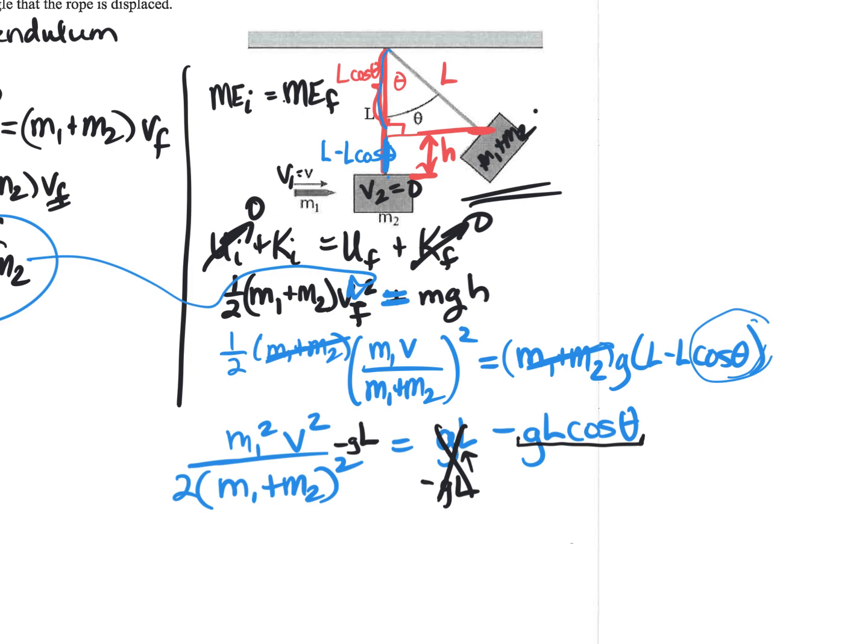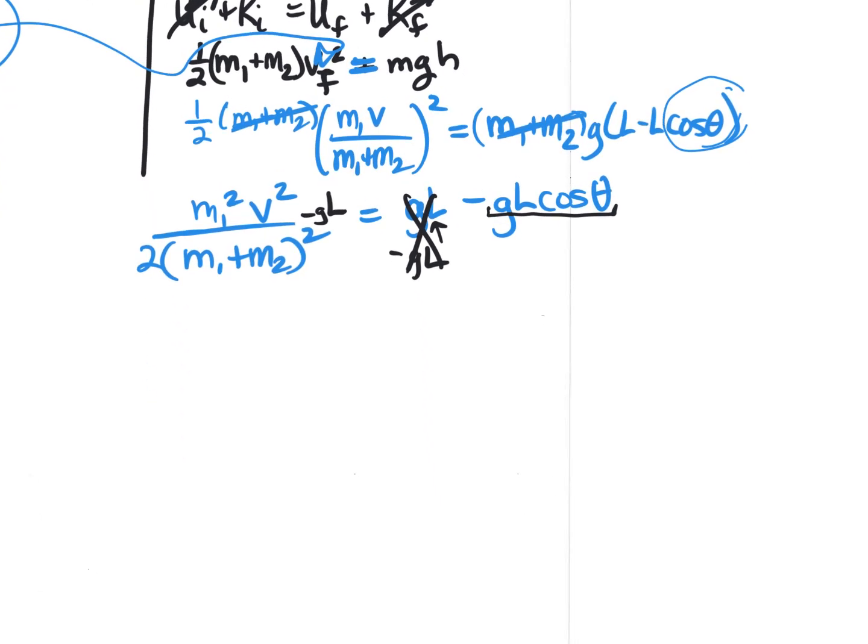Now what do I need to do? Divide both sides by what? Not 1. I'm still trying to get cosine by itself because that's where theta is, right? So what do I need to divide by? gL. I'm going to divide by gL.